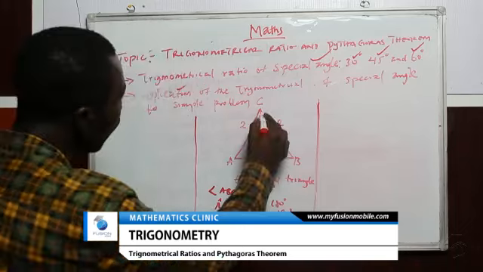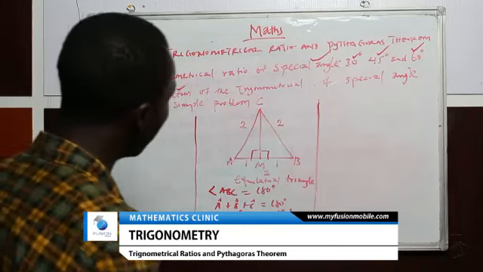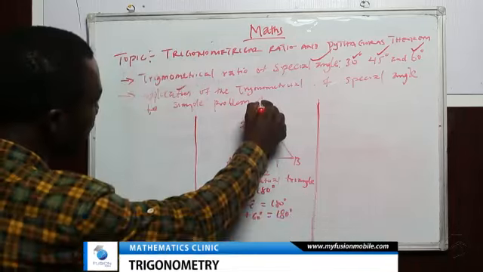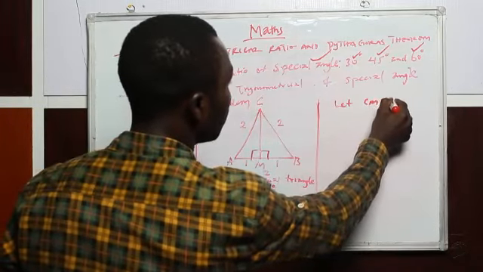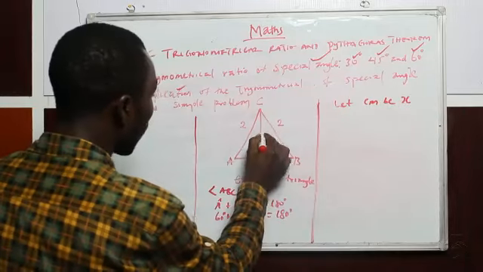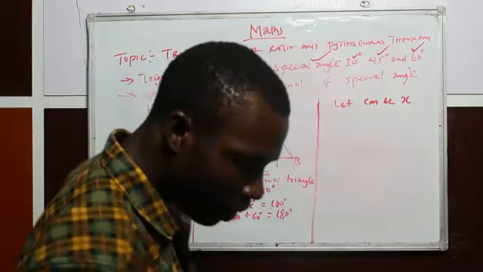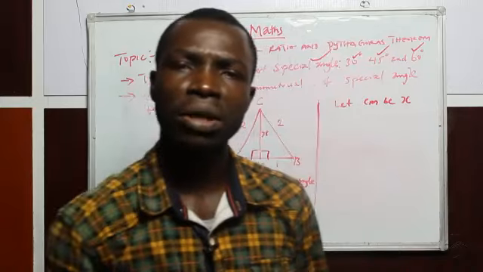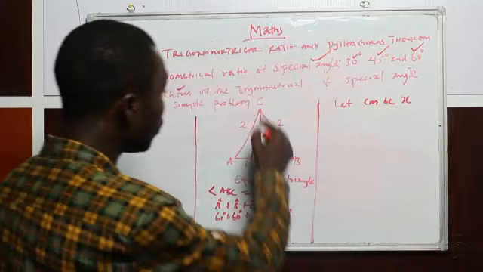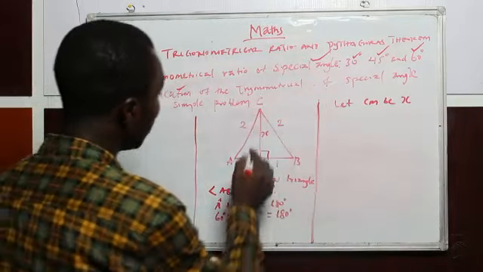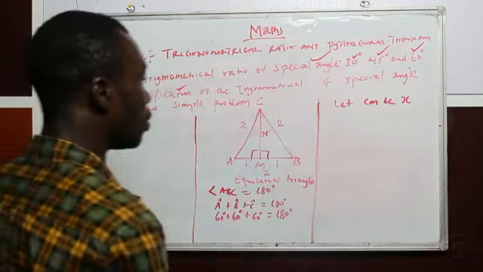Therefore, how do we find our perpendicular side, which is CM? Let CM be x. Therefore, our x is here. Remember, we use Pythagoras theorem to solve the sides of a triangle. This side is not known, but this side is known, this side is known, and this side is known.